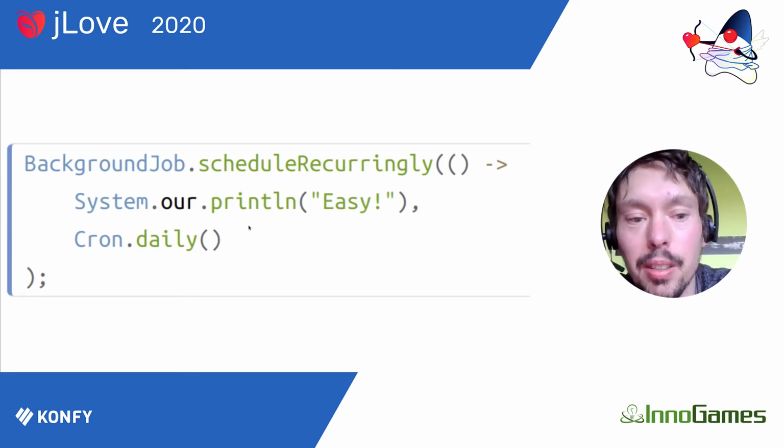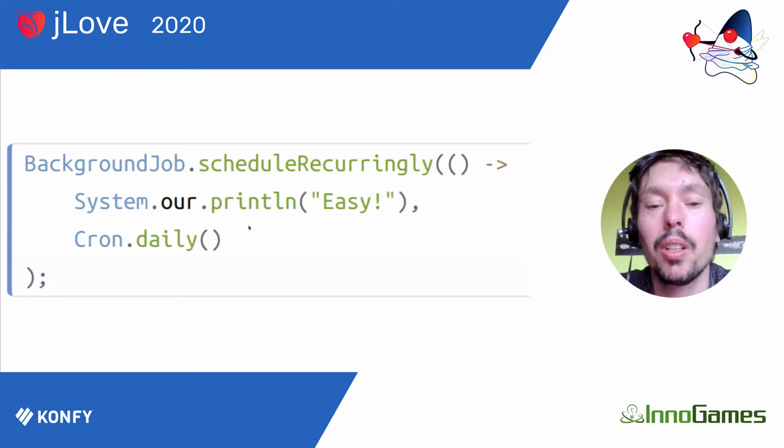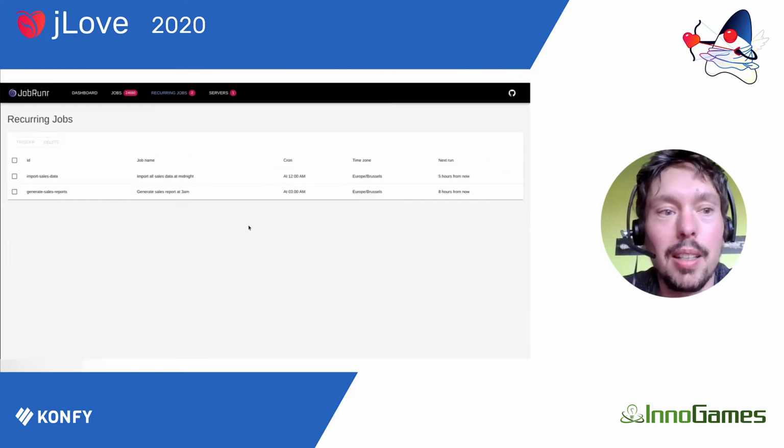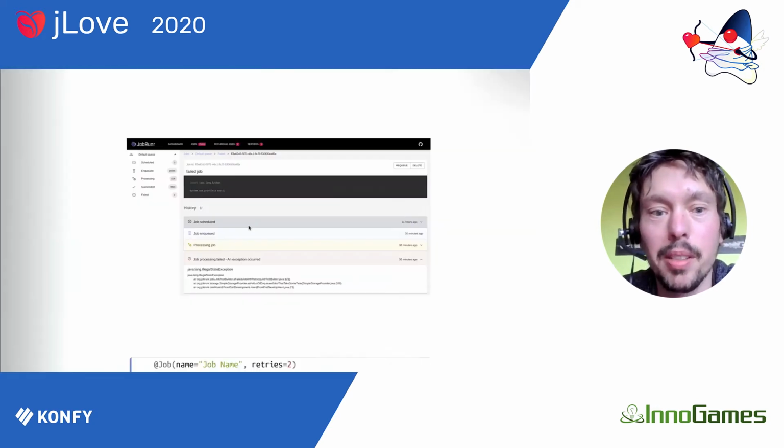There are some extra methods for readability, like Cron.daily, but you can just pass any cron expression to run the specified lambda at certain times. And for the recurring jobs, of course, it's also visible in the dashboard. And if you want to start it sooner, you just select it, trigger it, you can delete it. The dashboard really helps at certain moments.